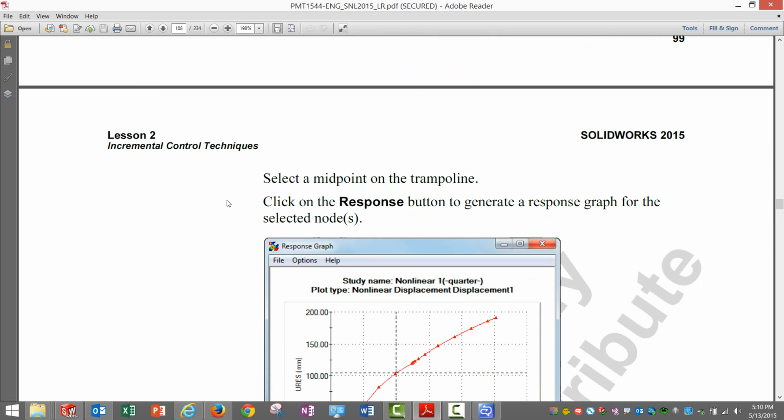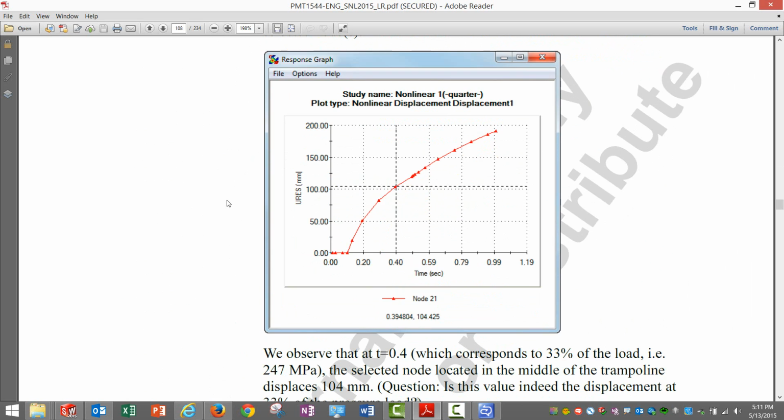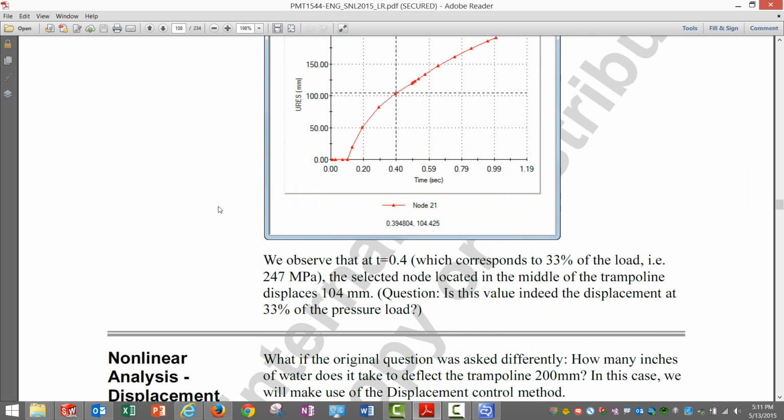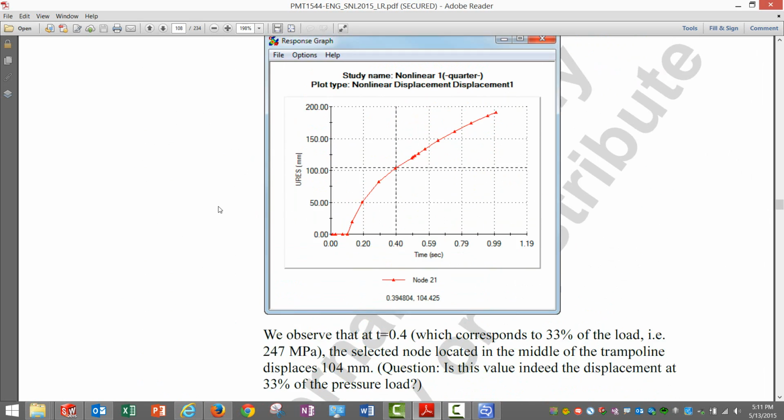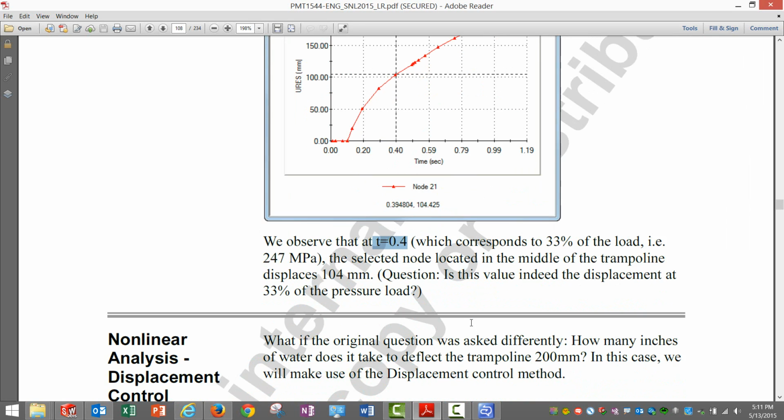We probed the midpoint, that's what we did, and we saw at around 1 second the displacements are in the tune of 190 millimeters, which corresponds to 33% of the load. So at around T is 0.04, which is almost 33% of the load, that is 247 megapascals, which is in the tune of 104 millimeters in displacement.